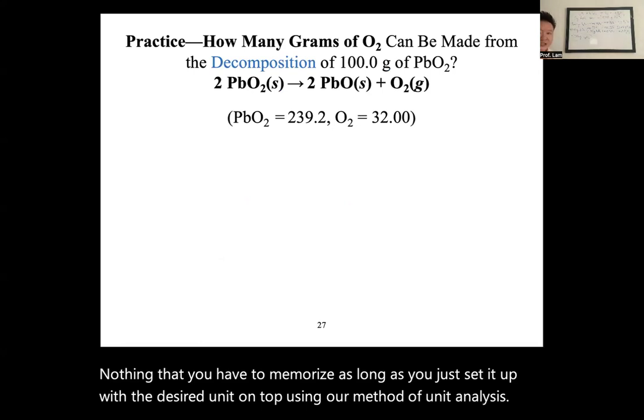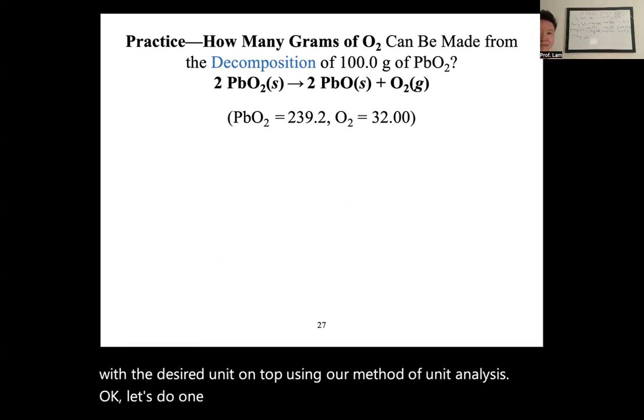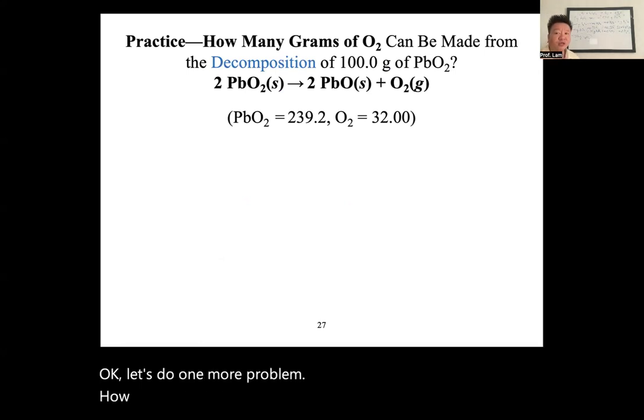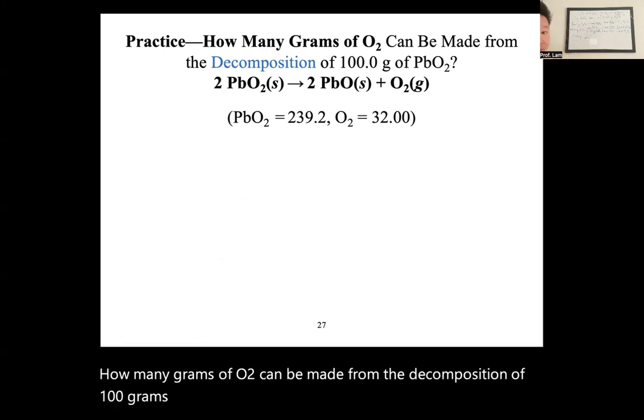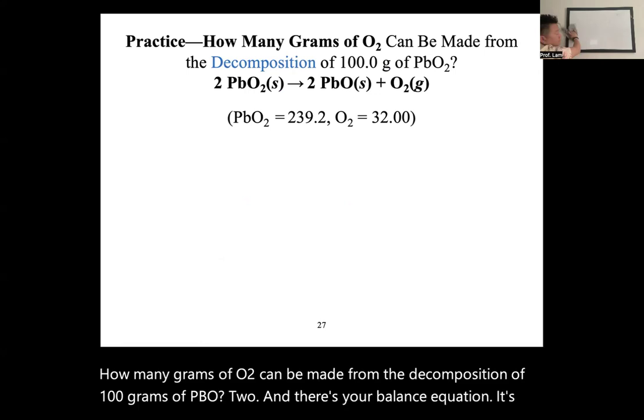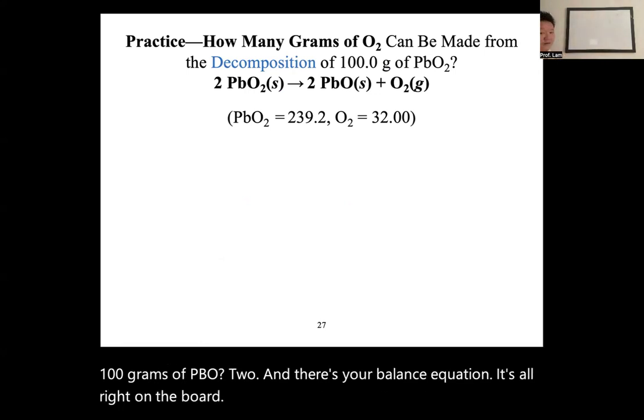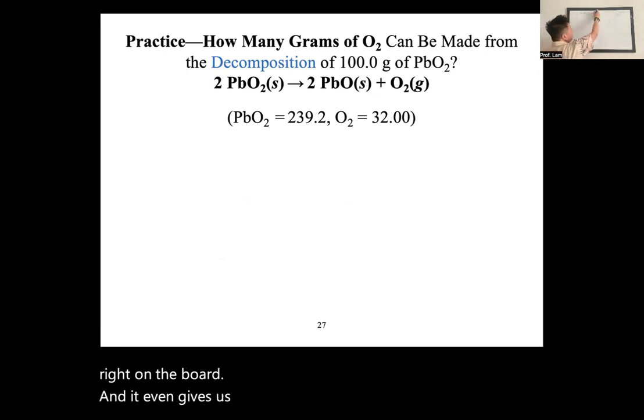Okay, let's do one more problem. How many grams of O2 can be made from the decomposition of 100 grams of PbO2? And there's your balanced equation, which I'll write on the board. And it even gives us the molar mass, which is nice.